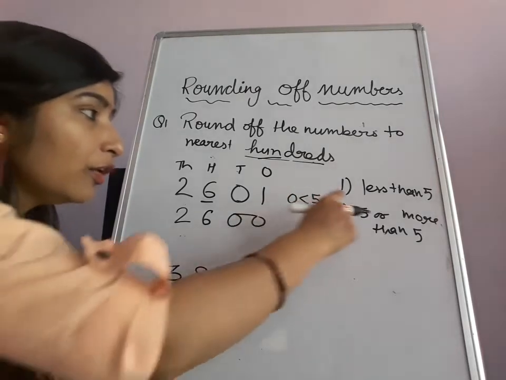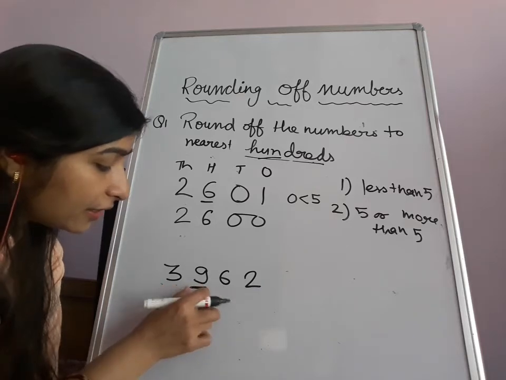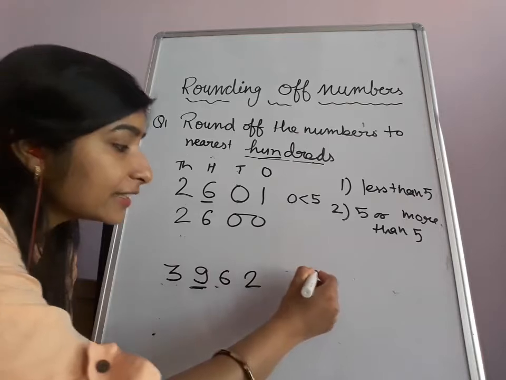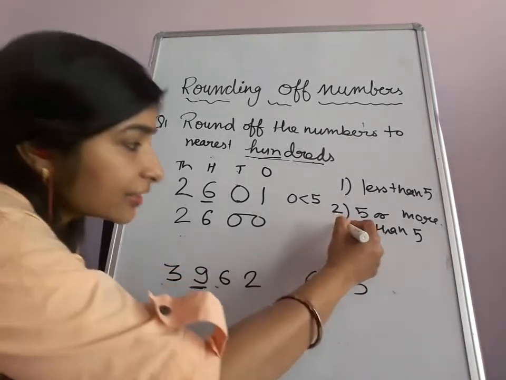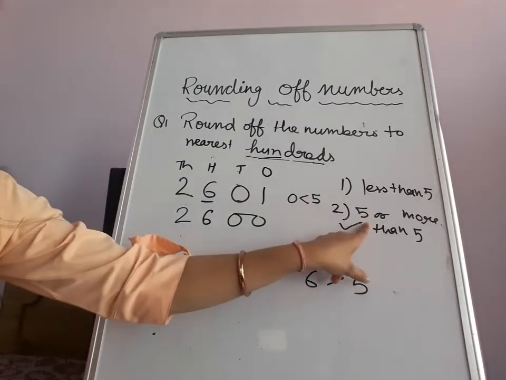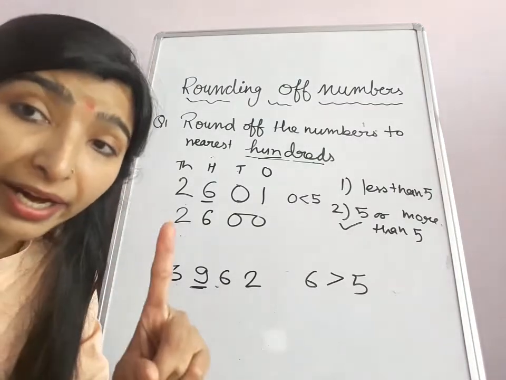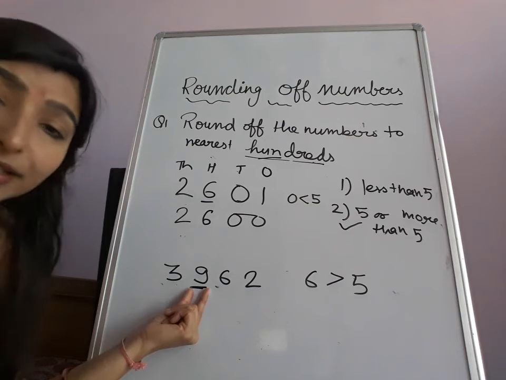Now I will compare the next digit to the underlined 9. 9 is underlined, so I will see the 6. 6 is greater than 5, so this is our second condition. And in the second condition, you have to add 1 in the underlined number.